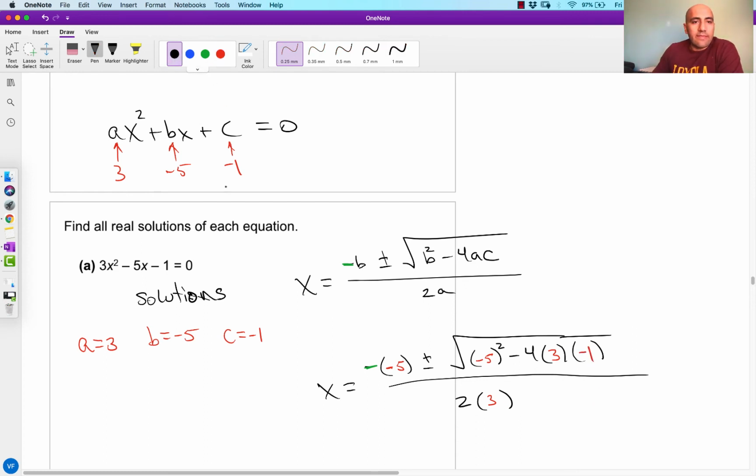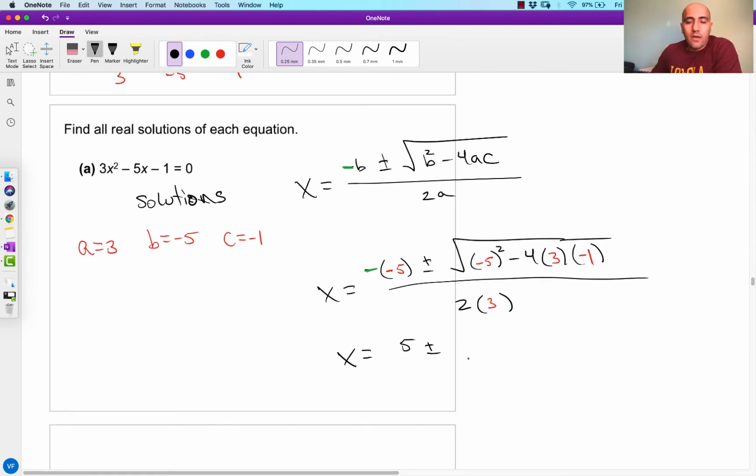Okay, so we just simplify that, and we end up with +5 plus or minus, zoom this up a little bit, the square root of 25 minus, so we end up with -12 minus -12, so it's going to be +12, all over 6. So then we just simplify this.